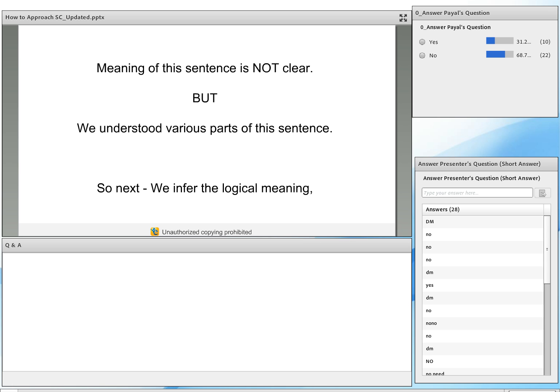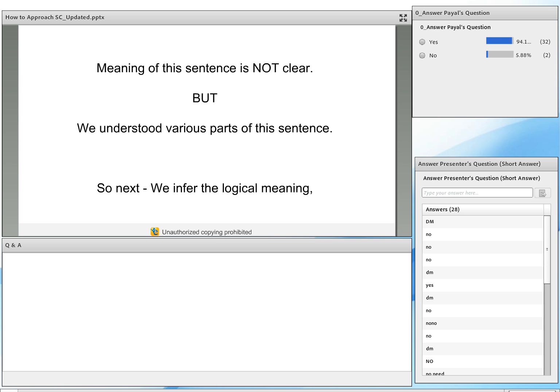And that is what you need to do before you even take a look at the answer choices. I know the majority of students at this point think, yes, the meaning is not clear, but I have the gist of the sentence, let me go to the answer choices, and the answer choices will definitely give me a clue as to what is wrong with the sentence. How many of you have that kind of mindset? I need that to change today.